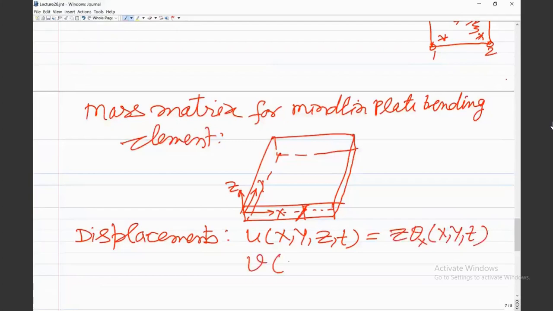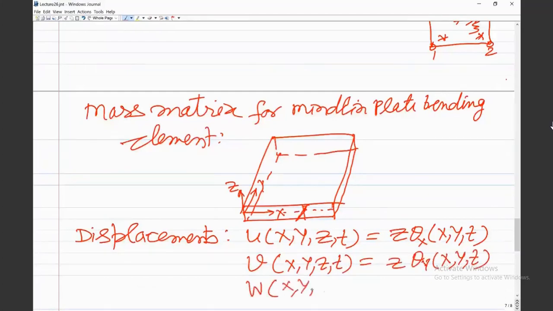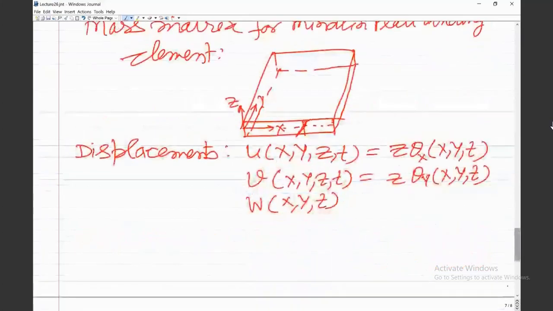Similarly, v, the displacement at any point along y direction, which is in general a function of x, y, z, is written as z into theta y. Theta y is the rotation about a negative x-axis. So this is also a function of x, y, and t. And of course, w is assumed to be a function of x, y, and t, the displacement along z direction. u is the displacement along x, v is the displacement along y, and w is the displacement along z.